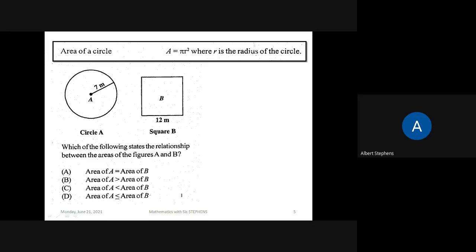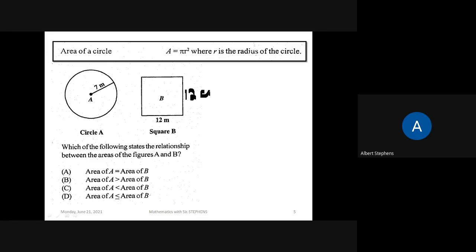All right. So what you're going to do, you're going to find the area of the circle and find the area of the square. Now let's do the easy one first. Area of a square is length times width.